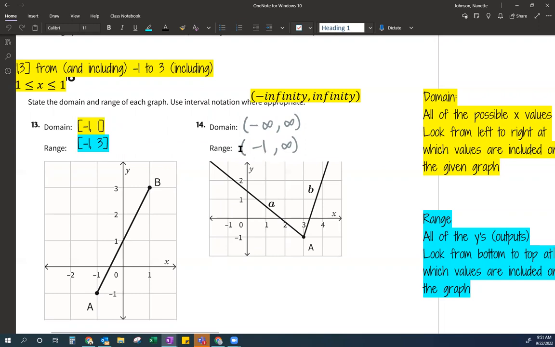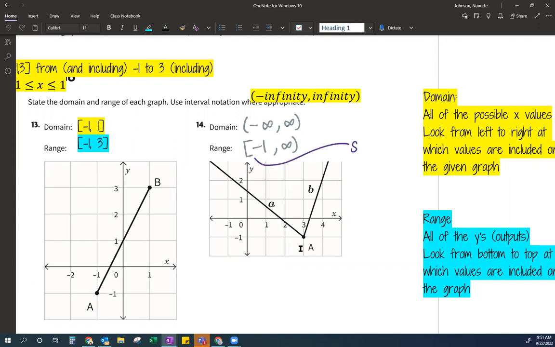Now, Ms. Johnson, should that parenthesis be a parenthesis or should it be a square bracket? Well, according to this, it should be a square bracket because it is included. So let's write a small little note here.